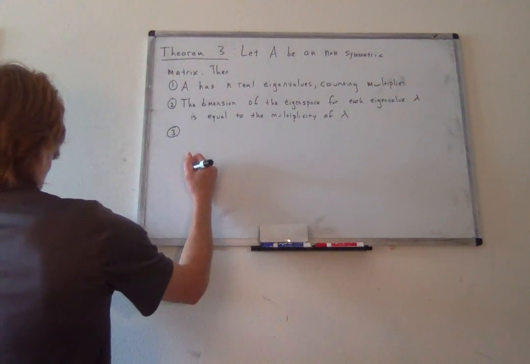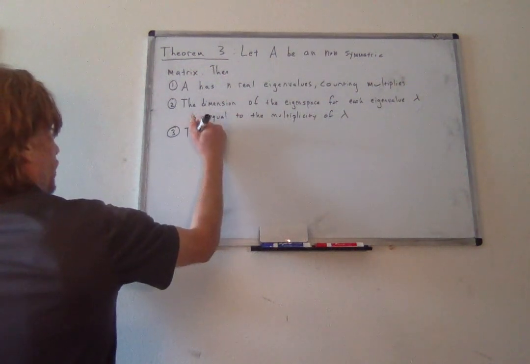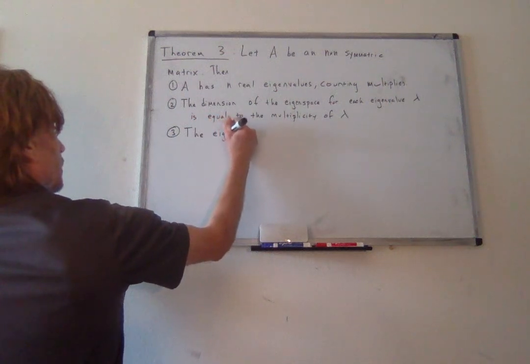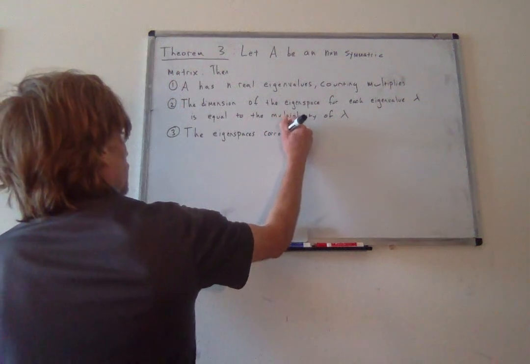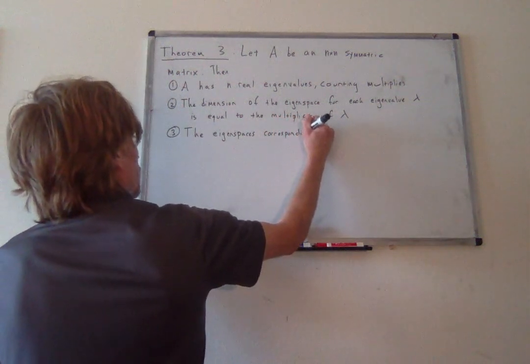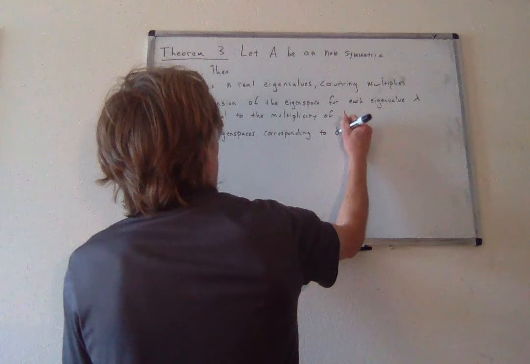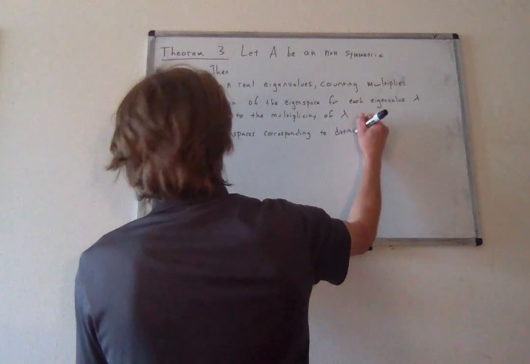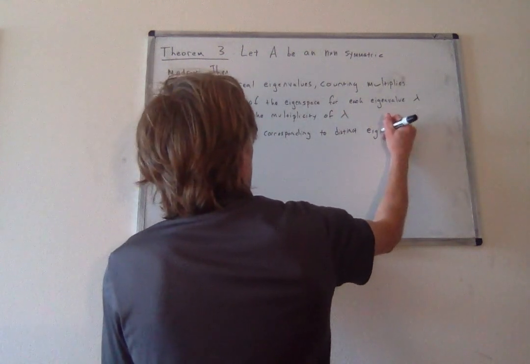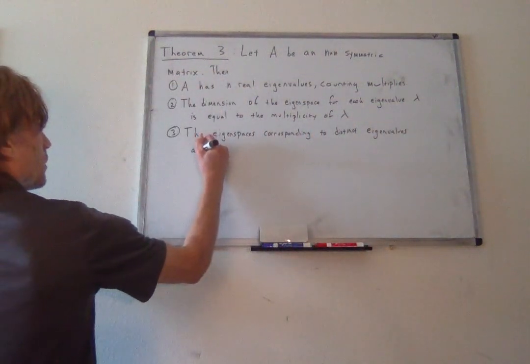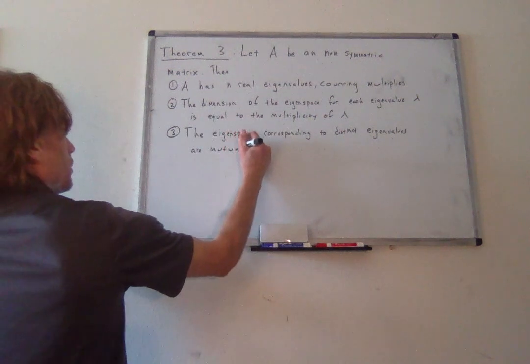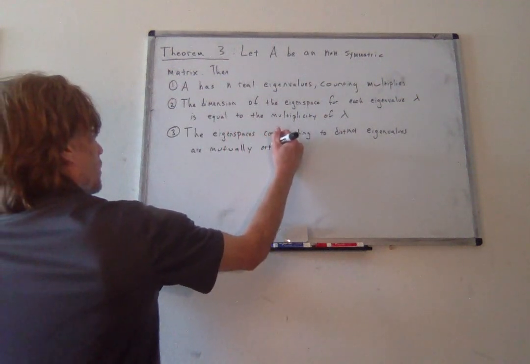The eigenspaces are mutually orthogonal, and specifically the eigenspaces corresponding to distinct eigenvalues are mutually orthogonal. We've already shown this one in theorem 1.